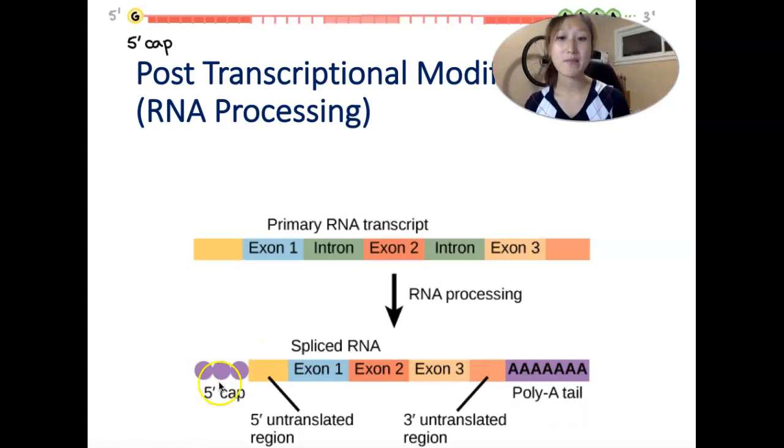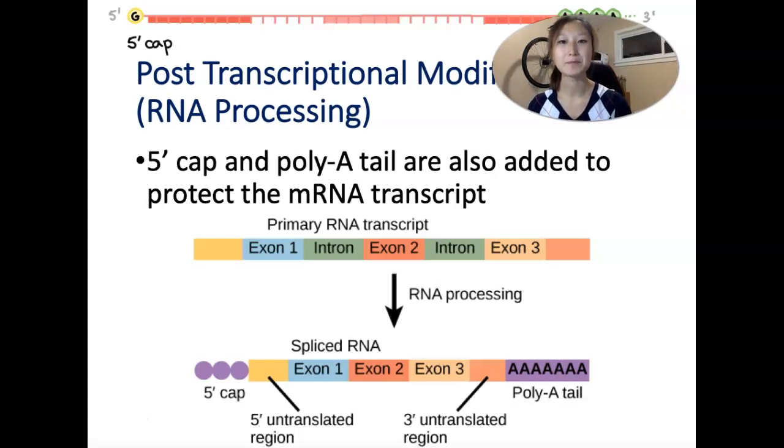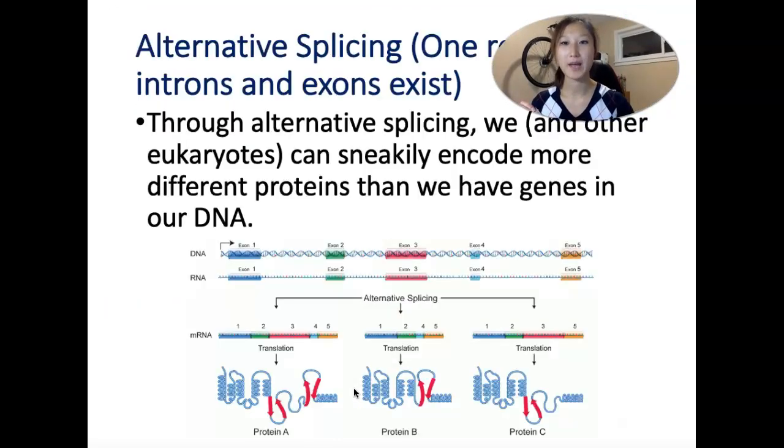So on the 5' end, we add a cap called the 5' cap. And then on the other side, the 3' end, we have the poly A tail, which is just a bunch of adenines, the RNA base adenine, being added, a bunch of A's at the very end of the 3' end, okay? So we have the 5' cap, we have the poly A tail, we did our RNA splicing, now our RNA is ready to go, okay?